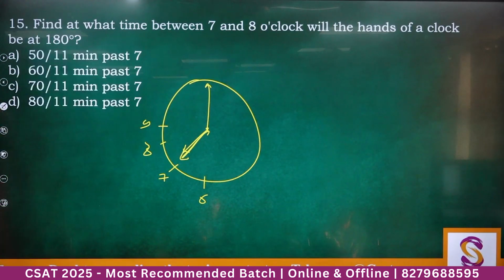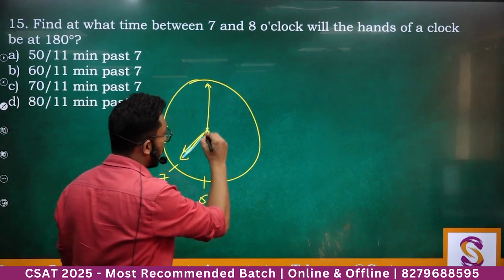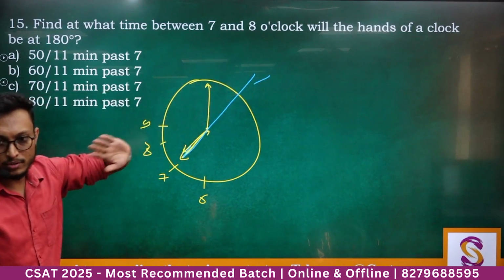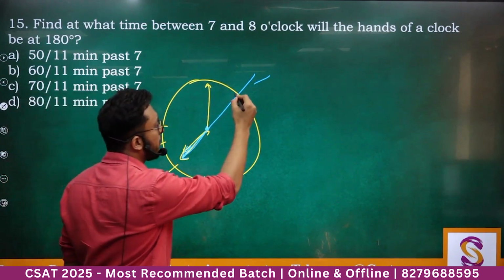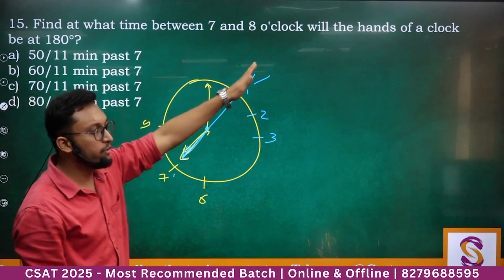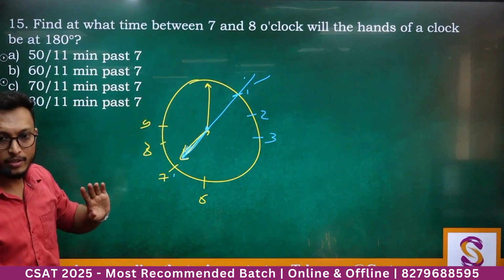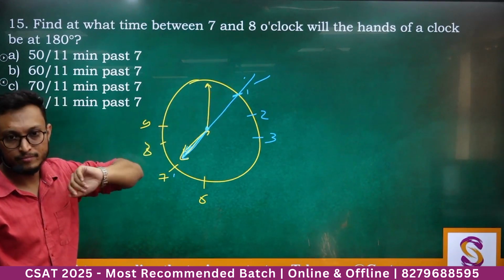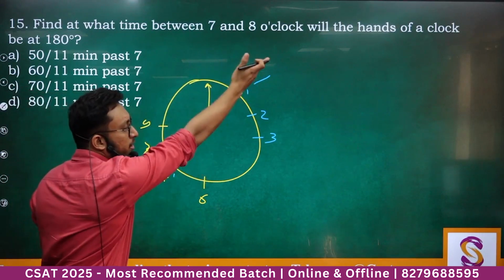Now tell me, when these hands are at 180 degrees, can I say if I extend this hand backwards somewhere here, the hour hand, as it was earlier, I have extended this hand backwards, it will be at 1. If it is at 7, this extended hand will be at 1. Can I say if I want to calculate when these two hands are at 180 degrees, I just need to calculate when this minute hand coincides with this extended hand. When this comes equal to it, it will be opposite to this, because this is nothing but an extended part of it.